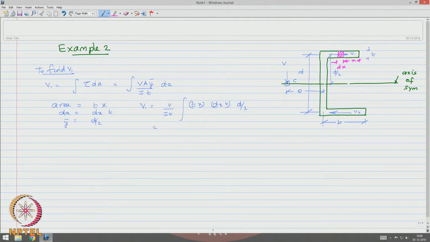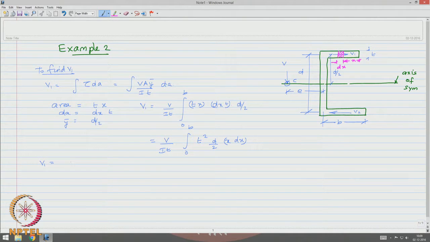So, which is then integrating this from the limits 0 to b. So, V by I t integrating 0 to b, t square d by 2 x dx.